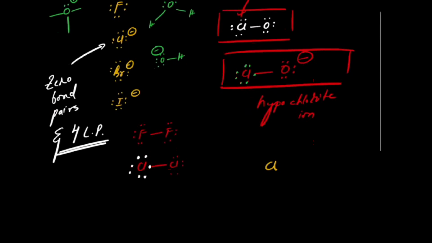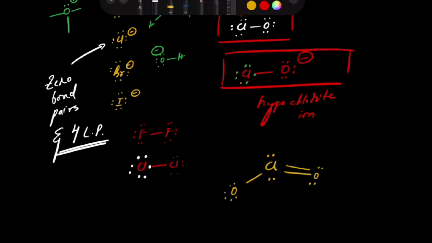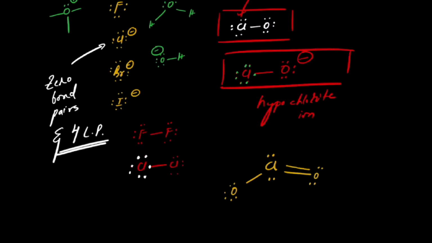What about this? Cl is attached to 2 oxygens. There is one single bond between chlorine and oxygen, and one has a double bond. So whenever oxygen has 2 bonds, it will have 2 lone pairs and it will be neutral. Okay, and here chlorine has 3 bonds, because there are 2 sigma bonds and 1 pi bond, so it will have 2 lone pairs. Now look at this. How many electrons does chlorine have? 1, 2, 3, 4, 5, 6, 7.